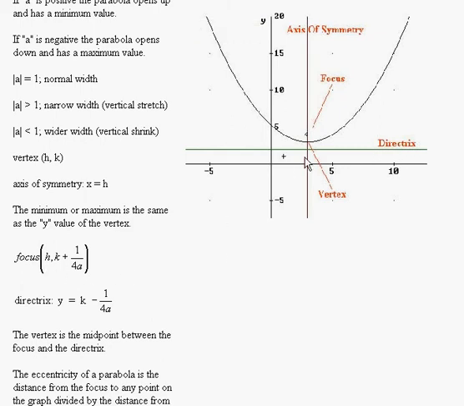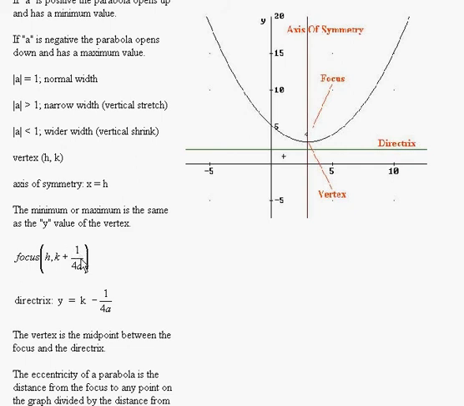For the focus, if you look very carefully, the vertex and the focus are both on the axis of symmetry for a parabola that opens vertically, up or down. So the x value of the vertex is not going to change. What's going to change is the y value of the vertex. And we are going to add something to that y value of the vertex.